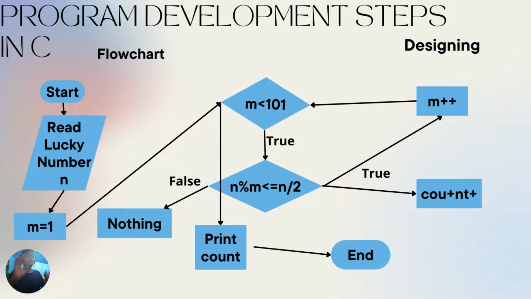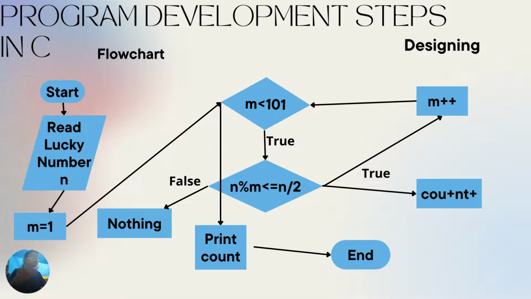A pretty basic thing. Now, this is very fascinating. It is a flowchart. We will start from the left. We read the lucky number n, and m would be equal to 1. The evaluating expression for the for loop would be m less than or equal to 100.